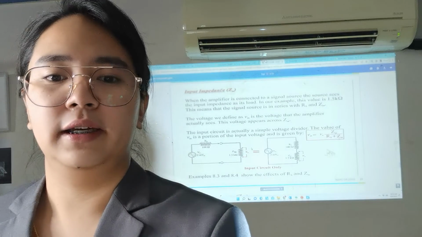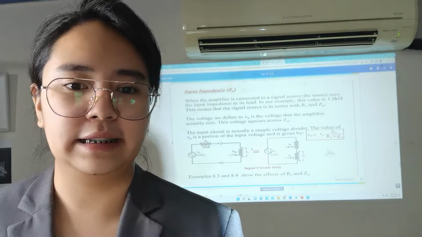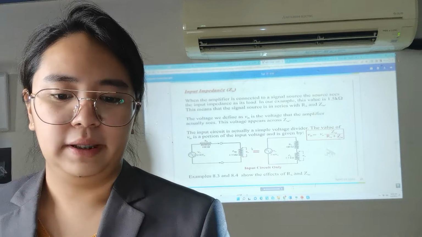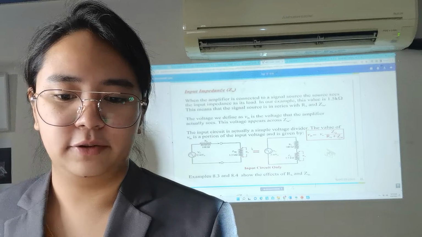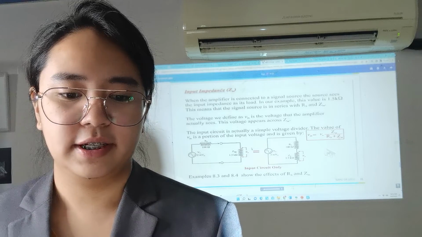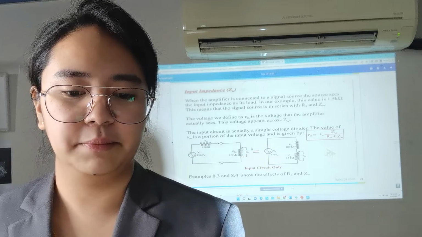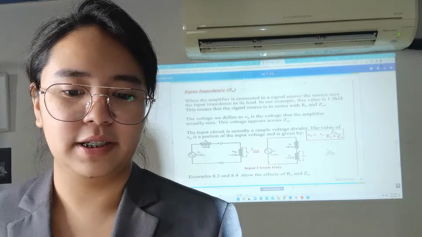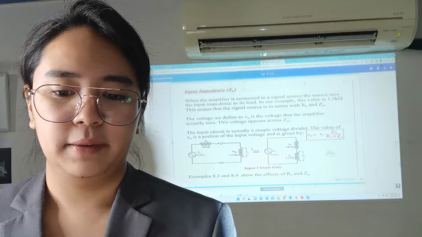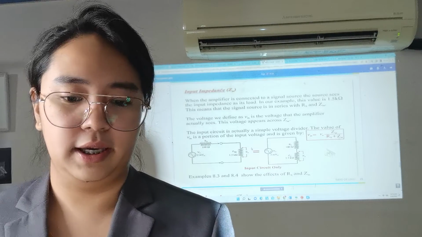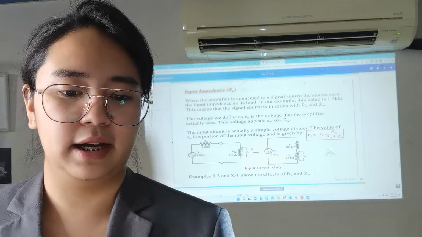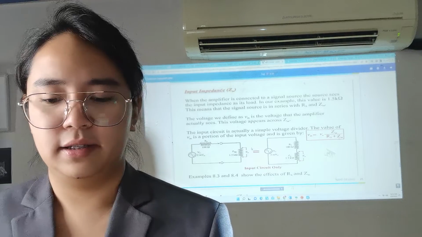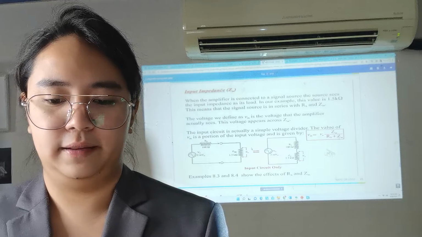Input impedance: when the amplifier is connected to the signal source, the source sees the input impedance as its load. In our example, this value is 1.5 k ohms. This means that the signal source is in series with Rs and Zin.